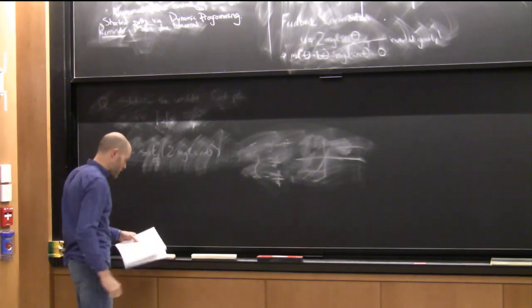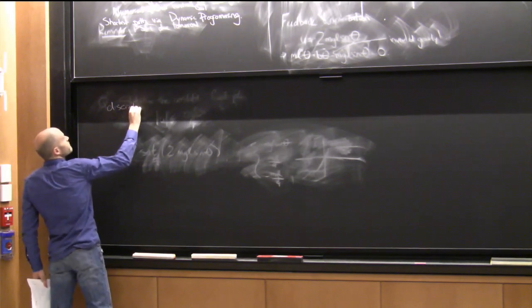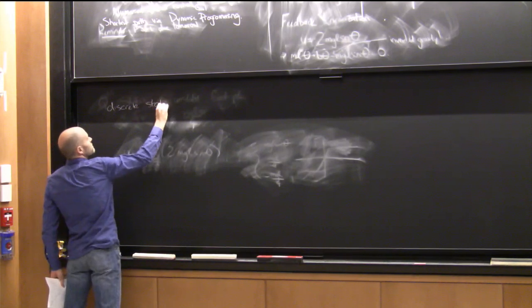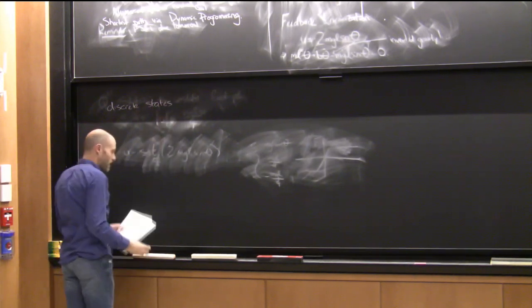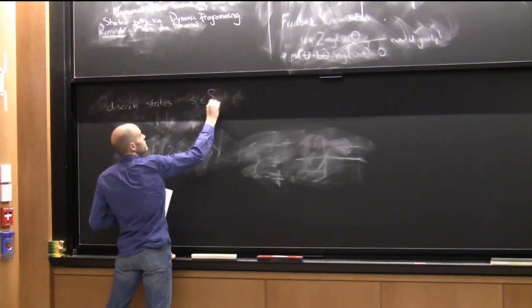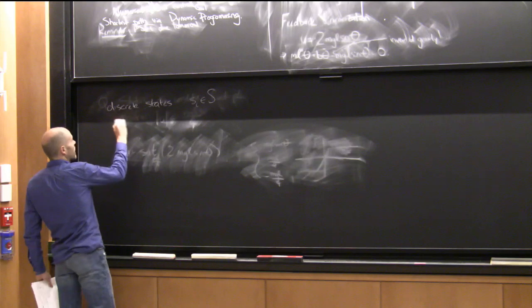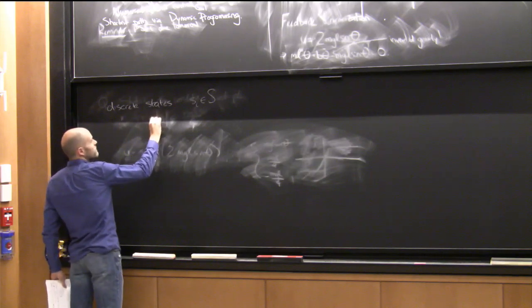Good question. So I want discrete states. My continuous states are X, but I'm going to have discrete states now. I'll call them S, and there's some finite collection of them, which is a bigger S. I have discrete actions.